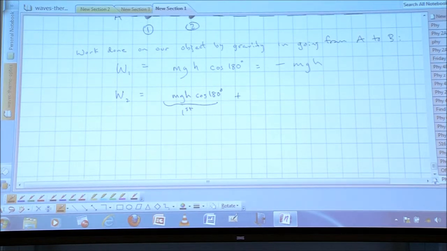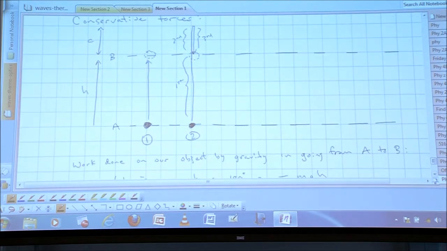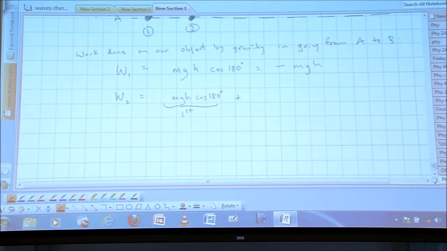We add to that the work done on our second section, right? Because the first section is identical to what we just did, right? Now we're going up some more, so we're going to get mgc cosine 180, right? That's our second section. Now we're going to add the work done by the third section. It's going to be mgc cosine of what?